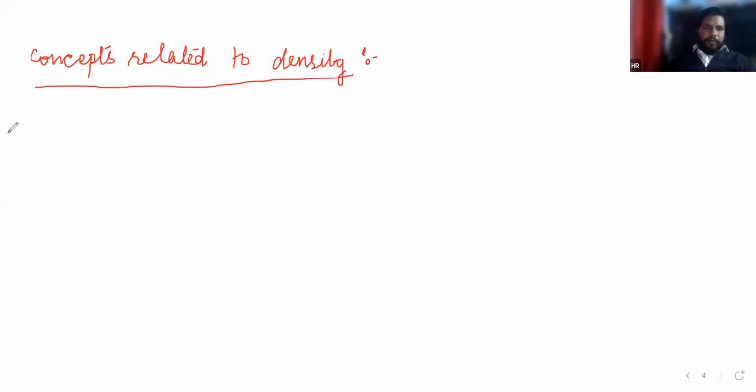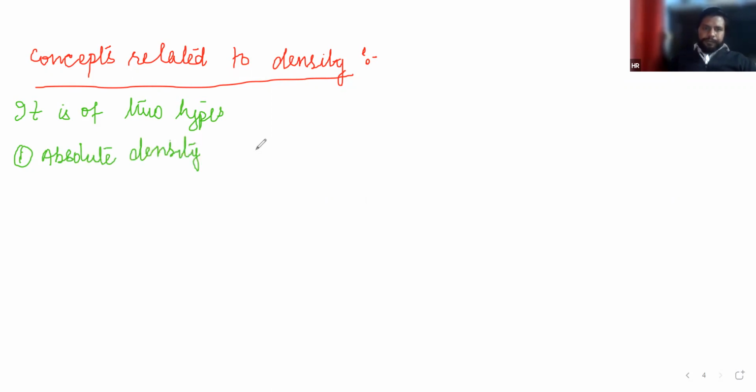So first we will discuss that it is of two types. That means density is of two types. First, absolute density, that we are learning from childhood. And the second is relative density.